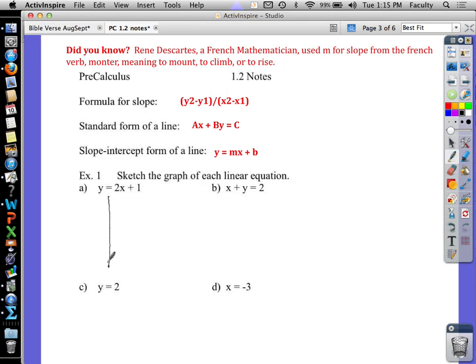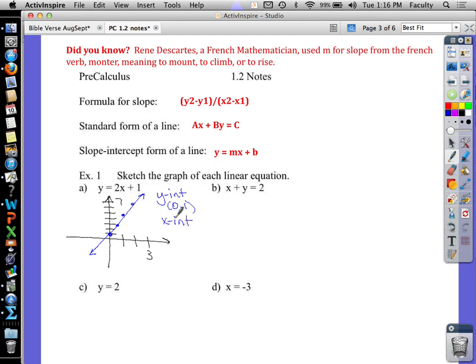If I plot the y-intercept, which is 1, and then I go up 2, right 1, up 2, right 1. And then remember what we talked about yesterday: we need to always include the interesting parts of a graph. You can tell the y-intercept just from the equation is (0, 1).